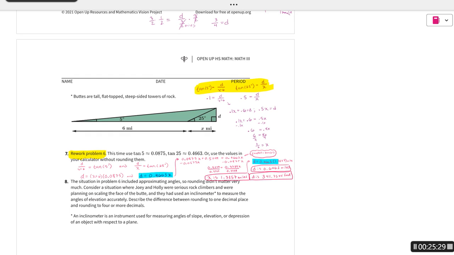And to tell us what an inclinometer is, it's an instrument used for measuring angles of a slope, elevation, or depression of an object with respect to a plane.